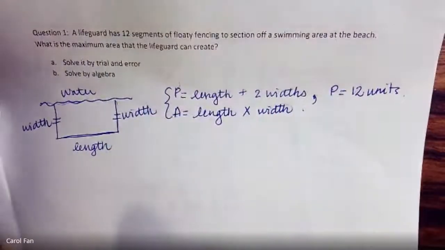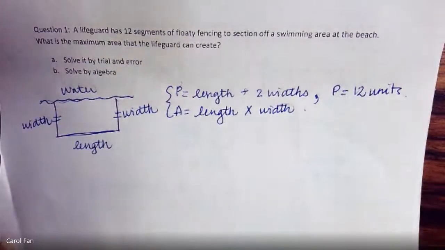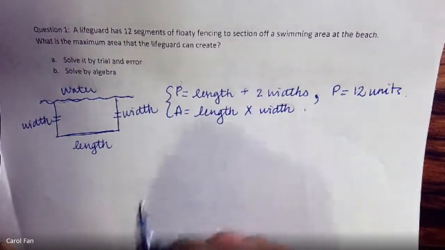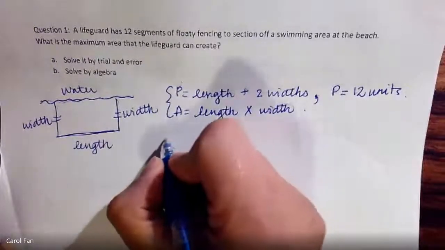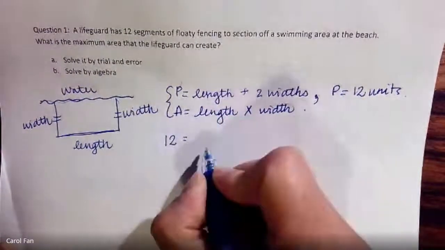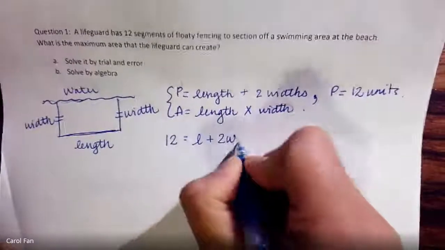Now, what I want to do is I want to combine these 2 equations so that I am able to graph it to find the vertex. Now, let's rewrite our perimeter equation. I could say that this is 12 is equal to L plus 2W.